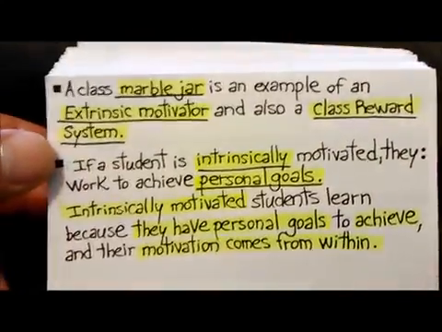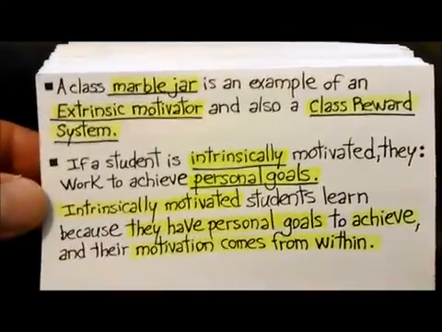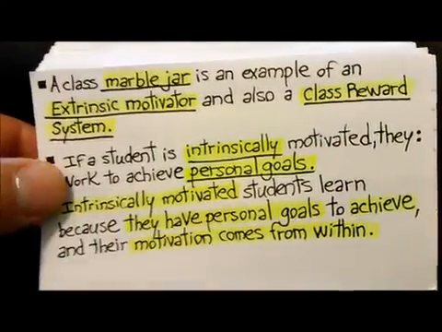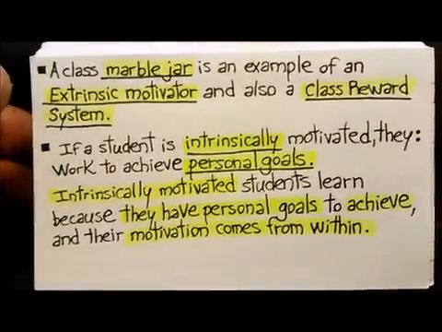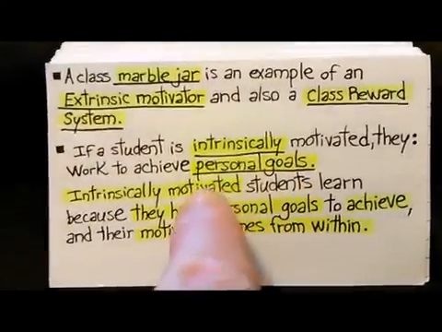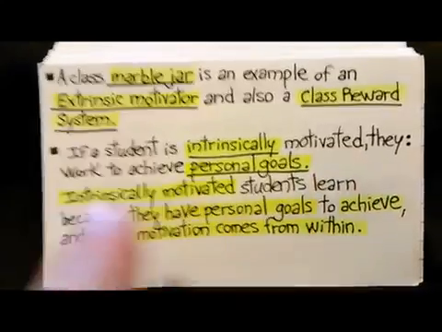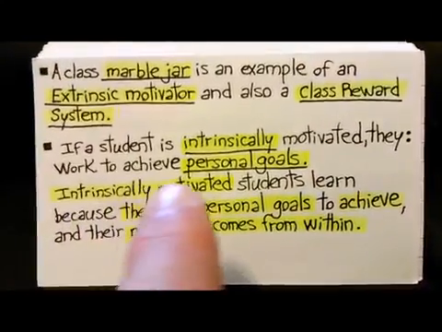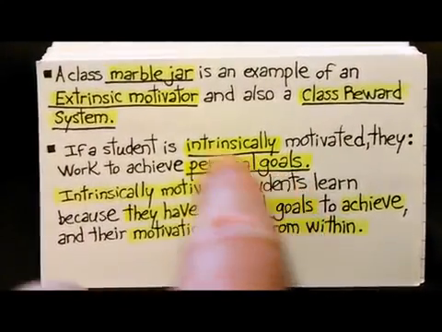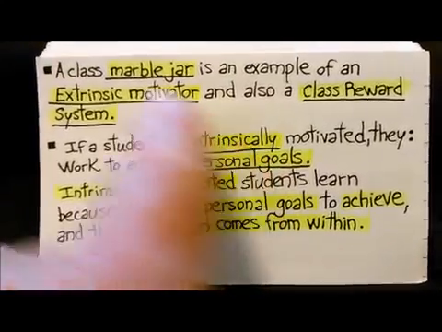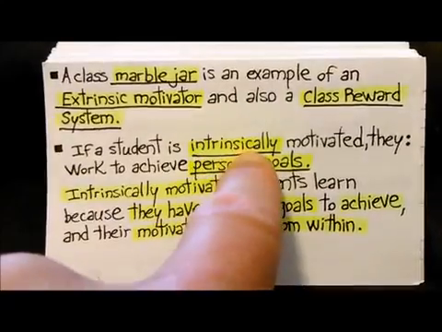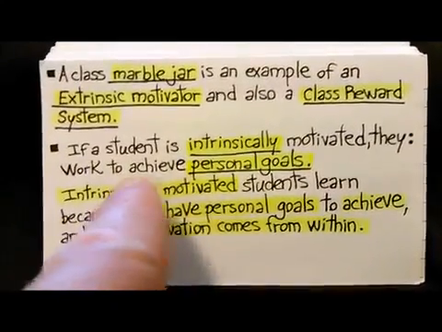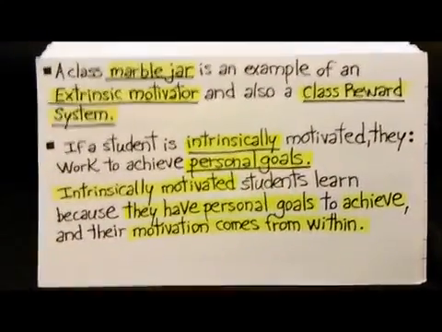For example, a class marble jar is an example of an extrinsic motivator and also a class reward system. If a student is intrinsically motivated, they work to achieve personal goals. That's the difference between intrinsic and extrinsic.